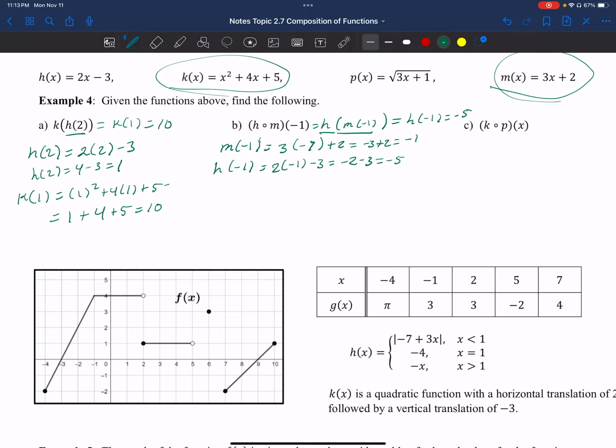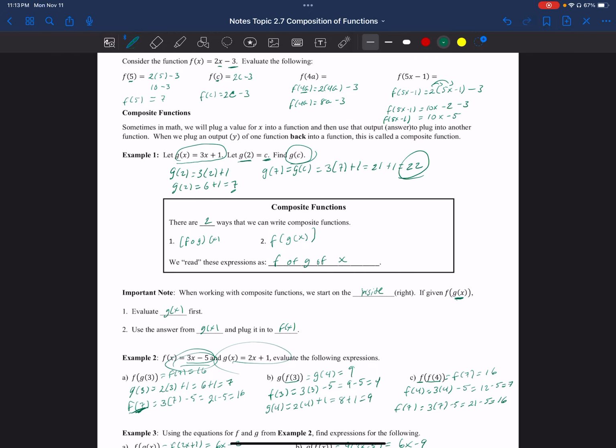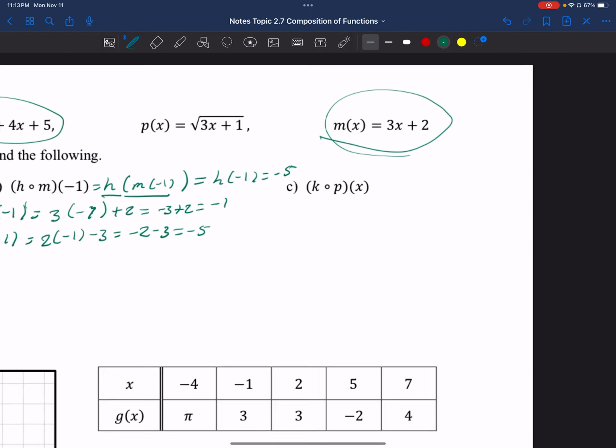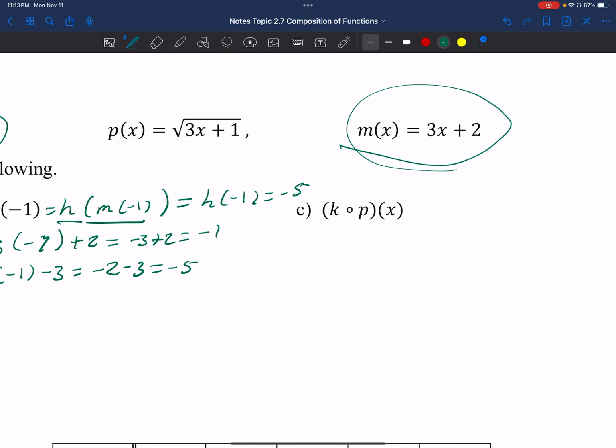I will do the same thing for the next one, and I will rewrite it with the parentheses. So it will be K, open parentheses, G of x. Same as before, I'm going to rewrite G of x, which is the square root of 3x plus 1.